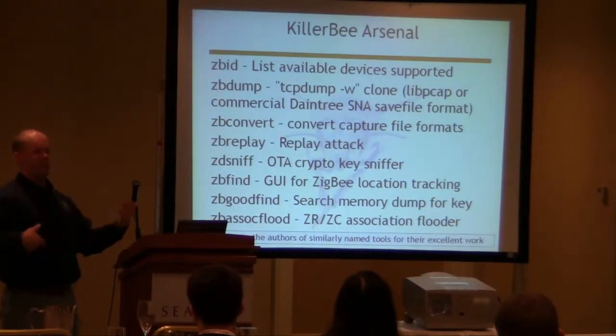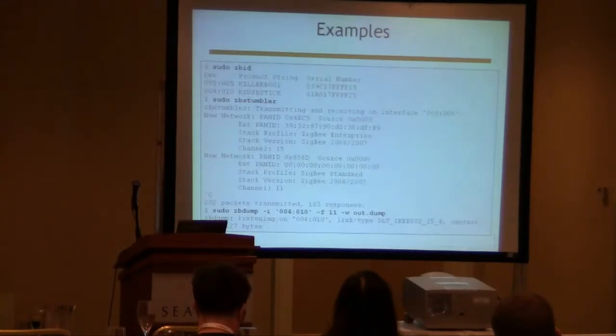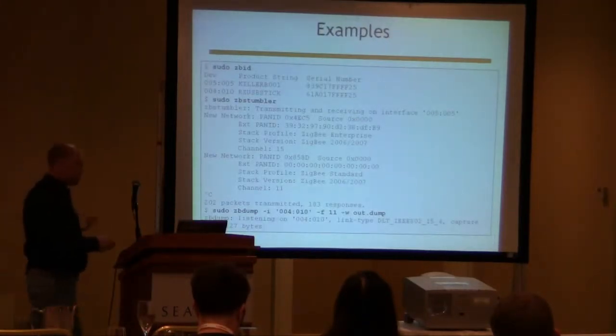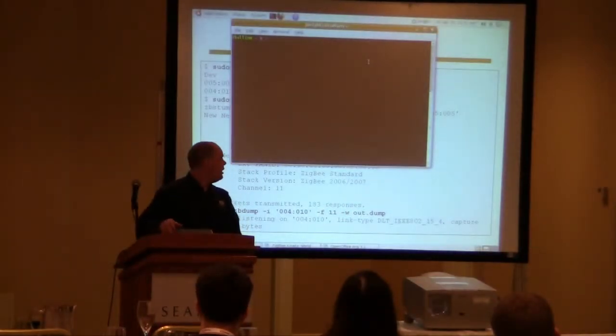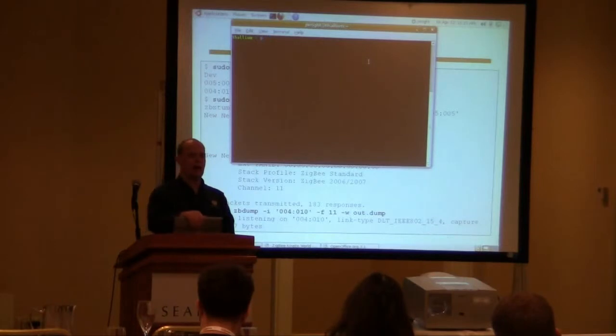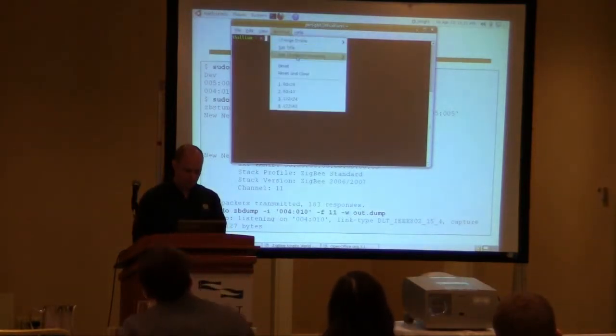So to try to reduce some of that learning curve and what these tools are, that's kind of the naming mechanism I've gone through. Just to give you some ideas, some examples here. So on my Linux box right here, I have a ZigBee stick. And let me make my font size a little bit bigger here.